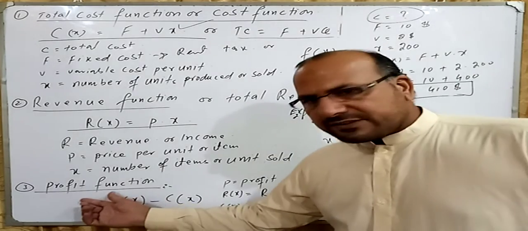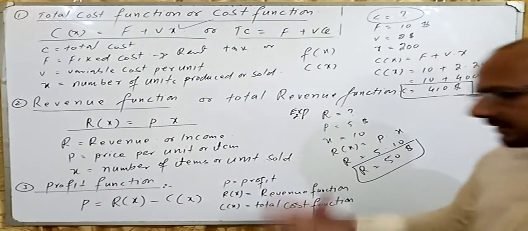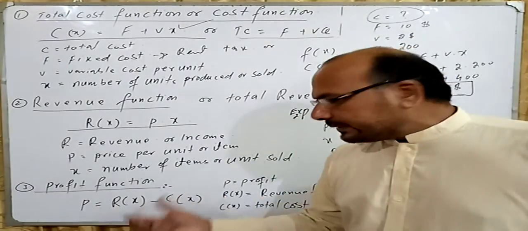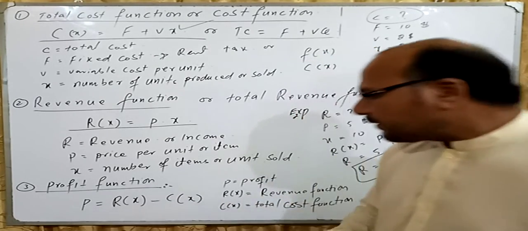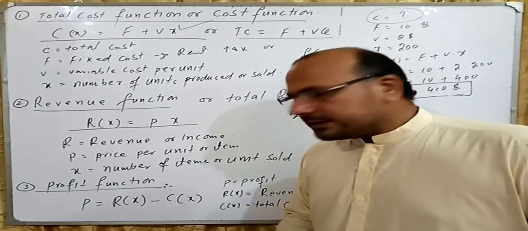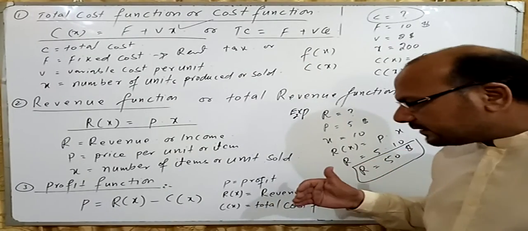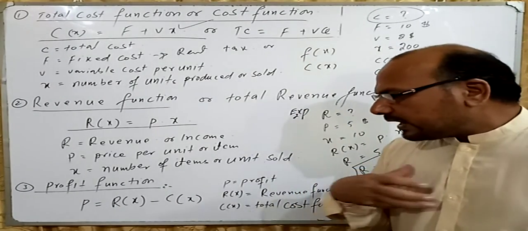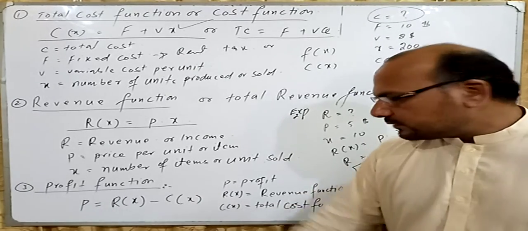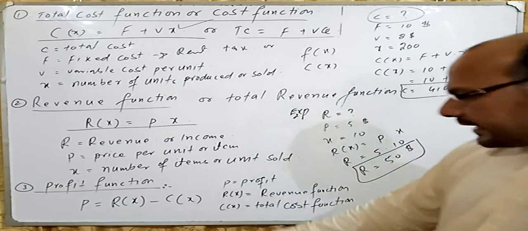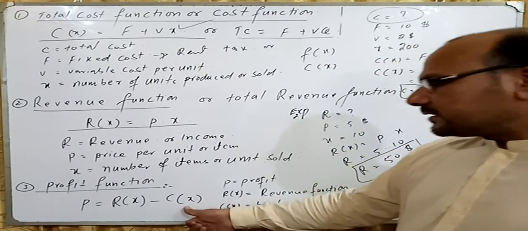Now after that we have the profit function. The profit function is very simple, and profit means to get the benefit from the revenue and the cost. You just have to subtract cost from the revenue, so you can get the profit. And this is very simple: P is equal to R of x minus C of x.